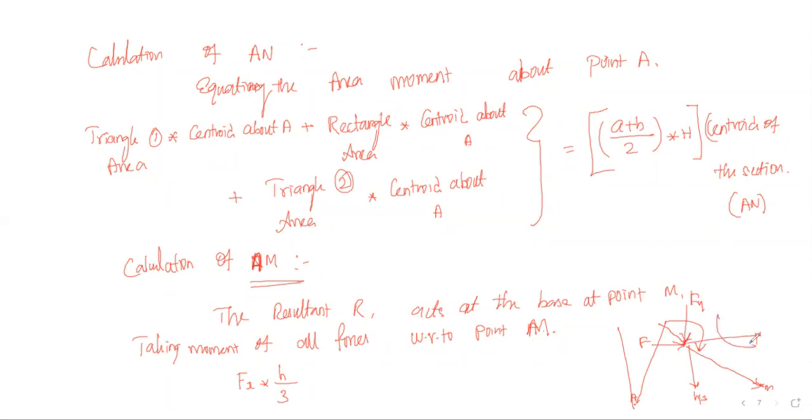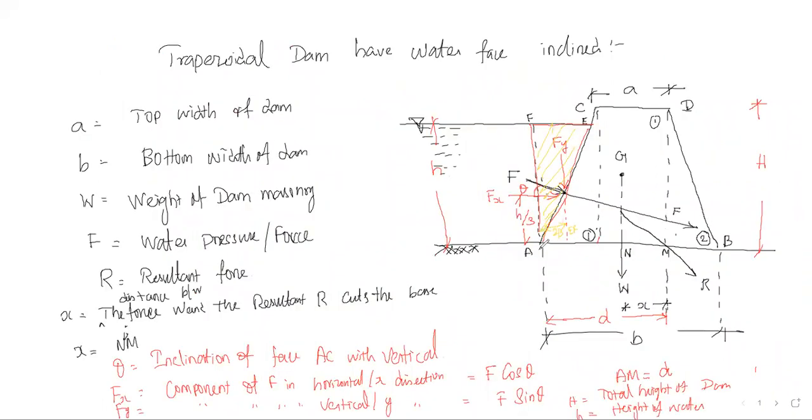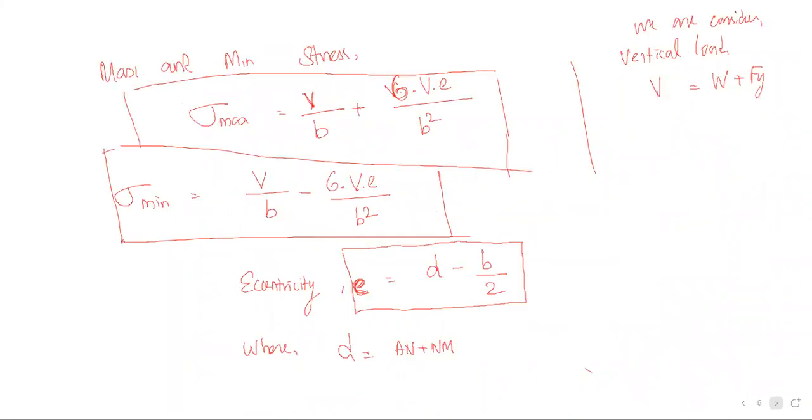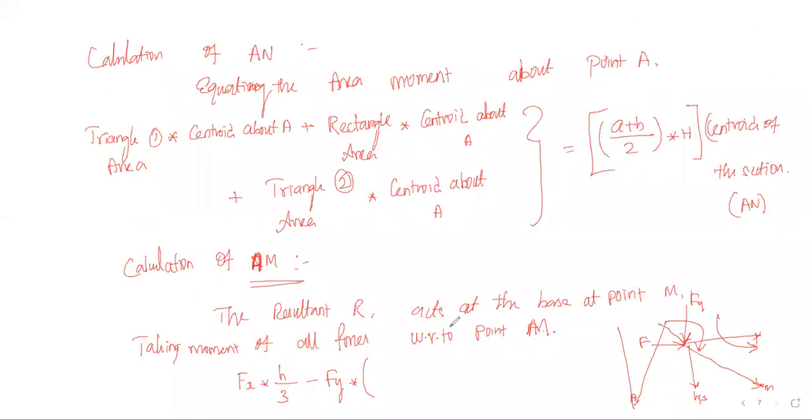This will be an anti-clockwise moment, so minus Fy into AM minus the centroid of triangle 1.